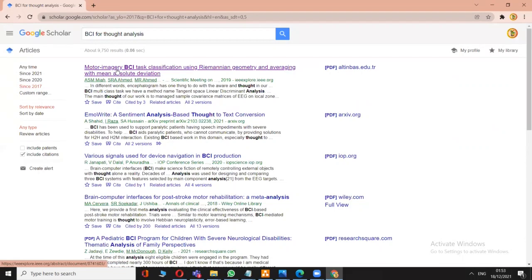So this one, the motor imagery BCI task classification using Riemannian geometry and averaging. We'll see whether it matches my keywords. It involves the brain computer interface, yes, and by reading this one I can understand it is something more theoretical, and I do not want that.